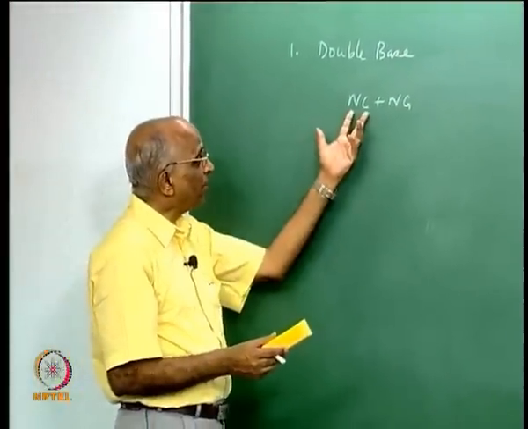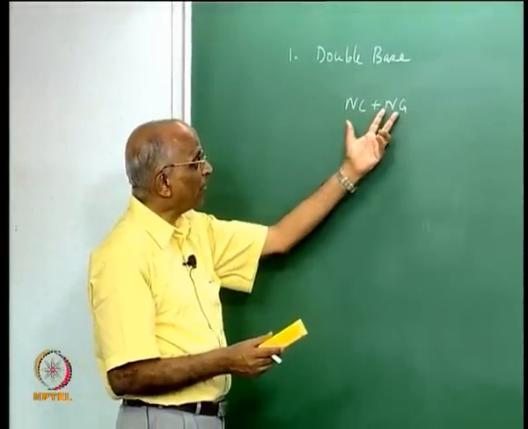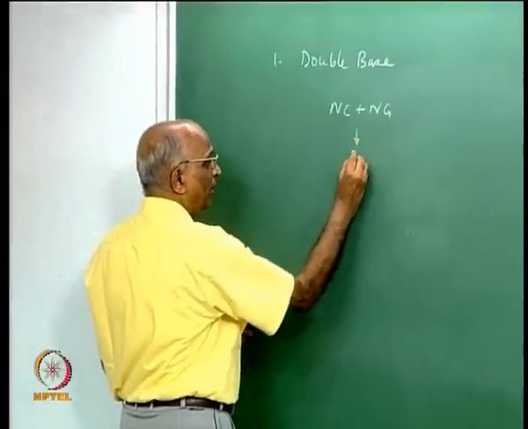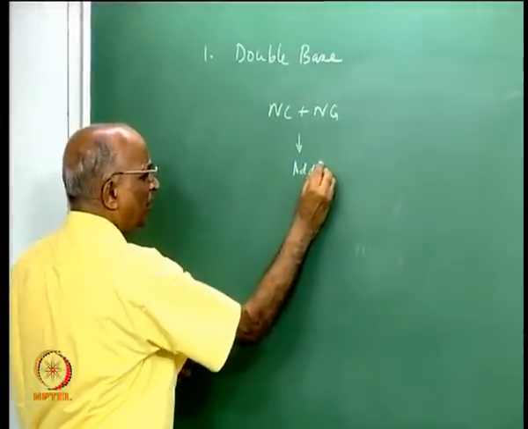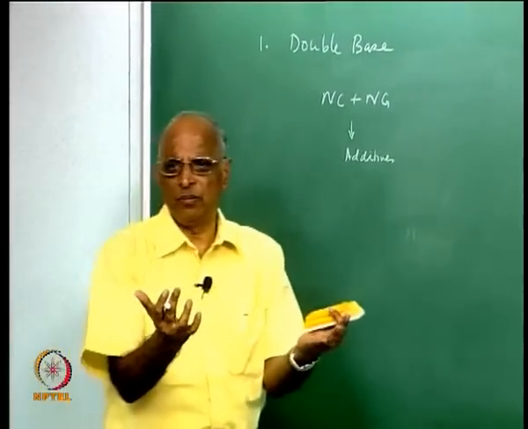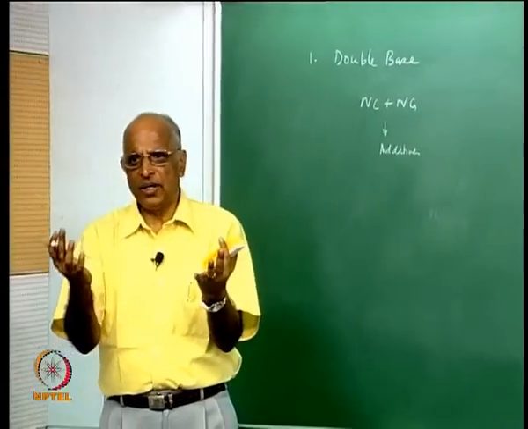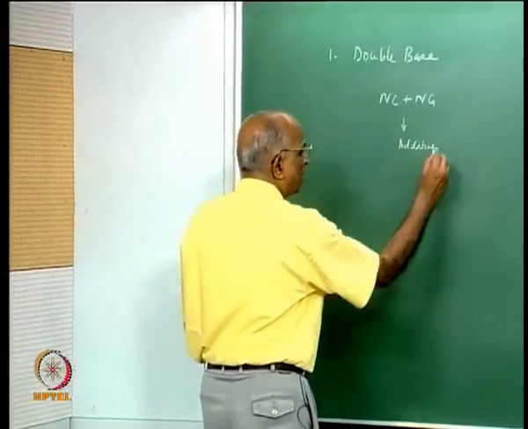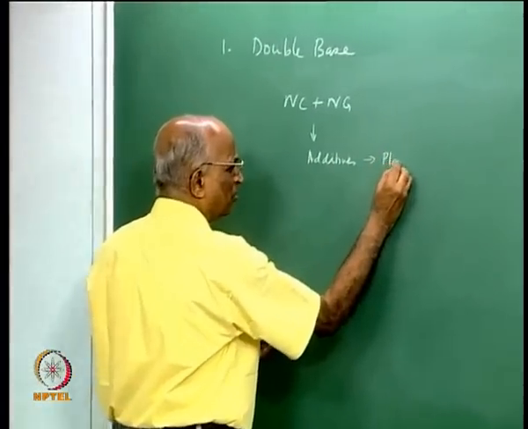Well, we take nitrocellulose, we put nitroglycerin in it, make it a colloidal solution, add some more additives to it. What are additives? Whenever we make a propellant, it is just mixing the thing and forming some hard material because we want it as a solid. And what do we add? We add some plasticizer such that it becomes more plastic.